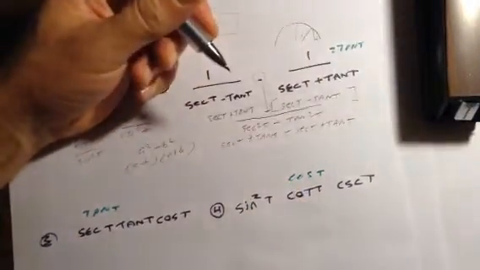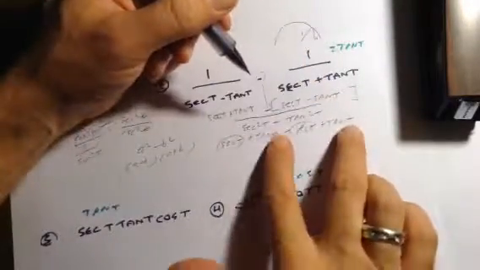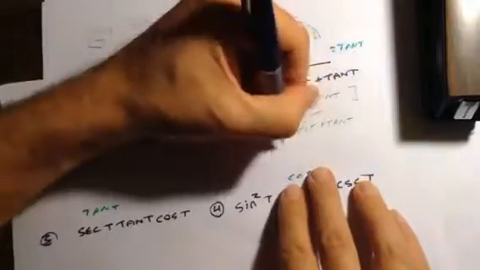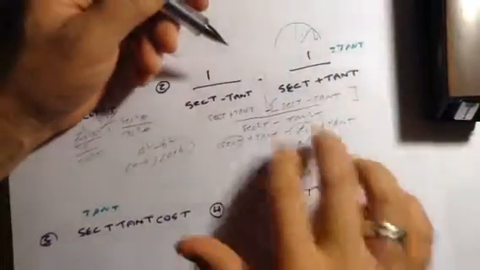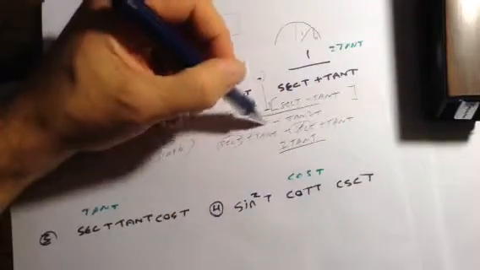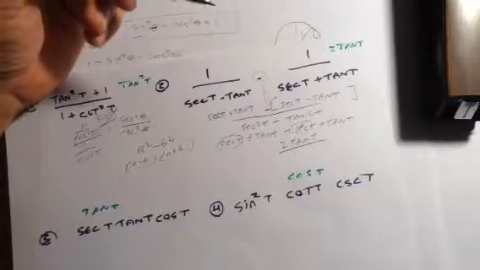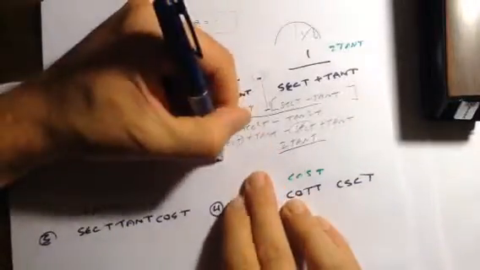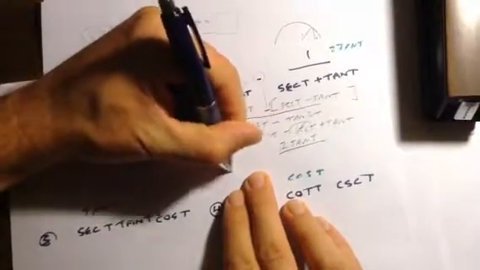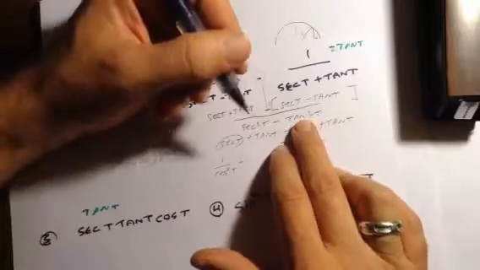Okay? So right off the bat, you recognize, well, my secant's gone, and how many tan of t's do I have? Well, I have 2. So now I have 2 tan of t. And then you have, of course, the denominator to worry about. Well, secant squared t minus tan squared t, I can take the time to clean that up a little bit. Secant, isn't that really 1 over cosine? So if I have 1 over cosine squared t, and I'm minusing tan, well, isn't tan the same thing as sine over cosine?